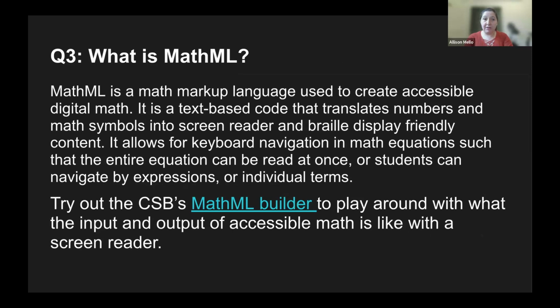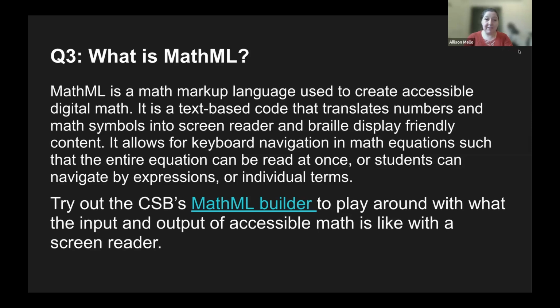It is a markup language used on the internet, so in web browsers, to make math symbols and math numbers and integers and expressions and letters become accessible to the screen reader such that it is read in a manner that makes sense for that type of mathematical operation. So it would read an X, which can be used as a multiplication symbol, as a multiplication like 6 times 4 and not just 6x4. So that's what MathML does.